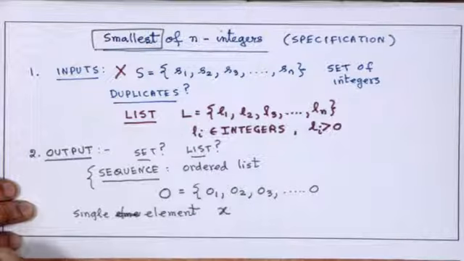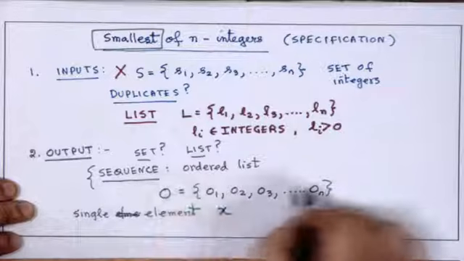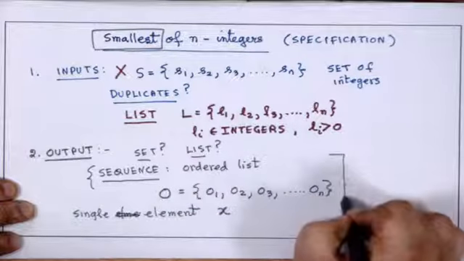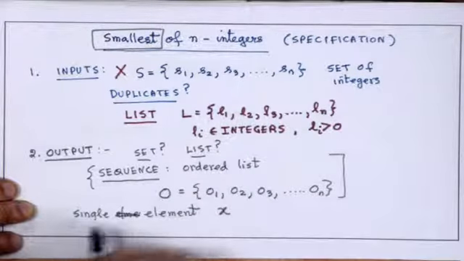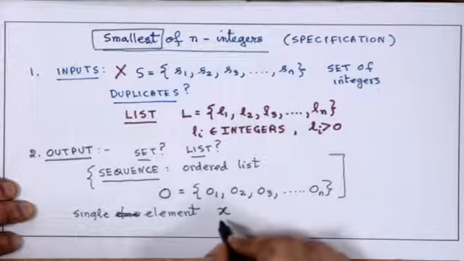x, and what is the property of x? I am keeping this part here. When we discuss sorting, we will come back to this. The output is a single element x, and what is the property?